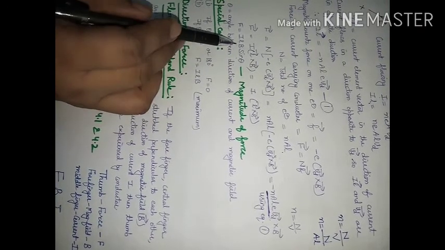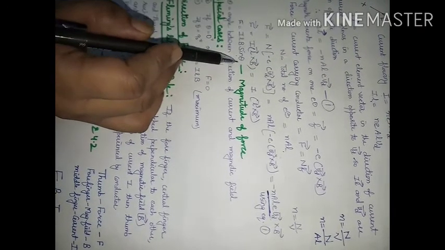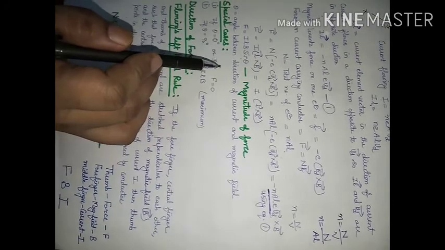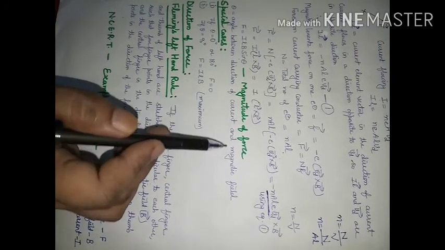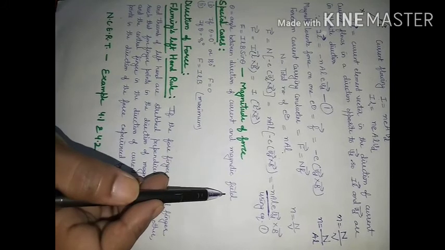This will give me the magnitude of force acting on the wire, where theta is the angle between the direction of current and the direction of magnetic field.